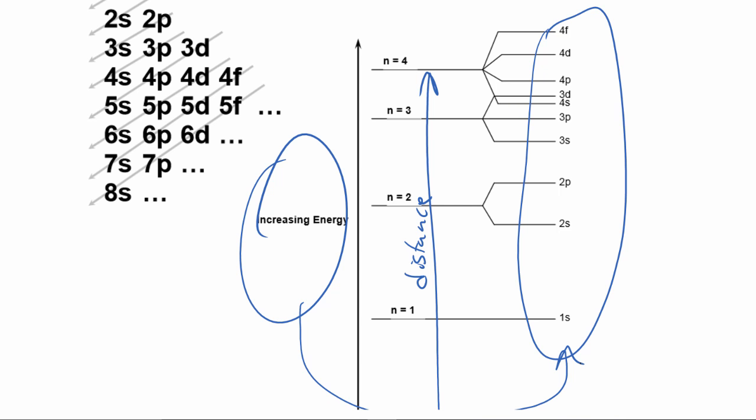The 3rd energy level is closer, but the d orbitals are very complex. So as a result, in terms of energy, the 4s sublevel has less energy than the 3d. And consequently, electrons go into the 4s first before we start filling up the 3d.